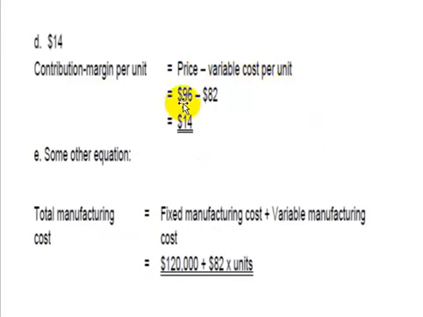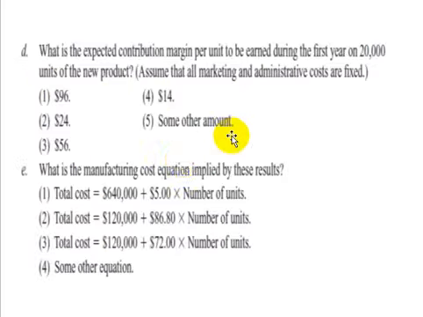The price given, 96, minus total variable cost per unit, 82, so the contribution margin per unit equals 14. The right answer is number 4.